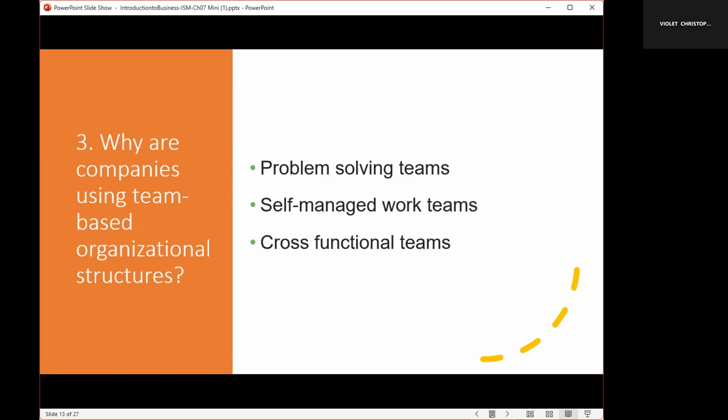We also have problem-solving teams, self-managed teams, and cross-functional teams. So sometimes, in addition to organizing the ways that we have mentioned, we also will break people into teams, and teams are typically project-oriented. Once the assignment is completed, the team breaks up.